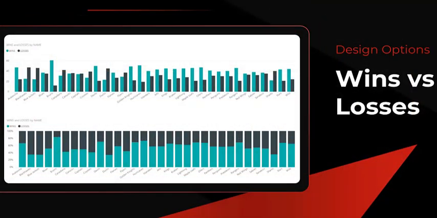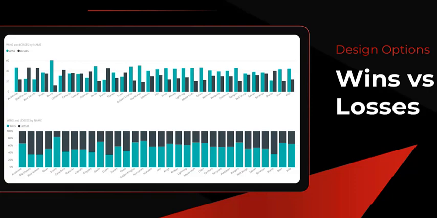When representing wins versus losses, there are various chart types to consider, two of which are the normal bar chart and the stacked bar chart. Each chart type has its own strengths and considerations. A stacked bar chart is a suitable option when you want to show the composition of wins and losses within specific categories. For instance, you could use the stacked bar chart to display the distribution of wins and losses across different opponents or time periods.